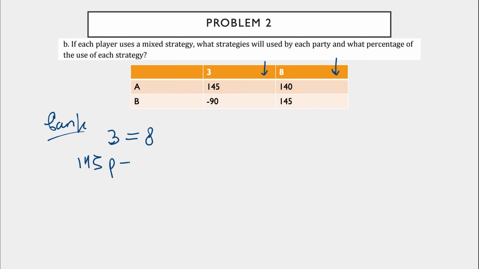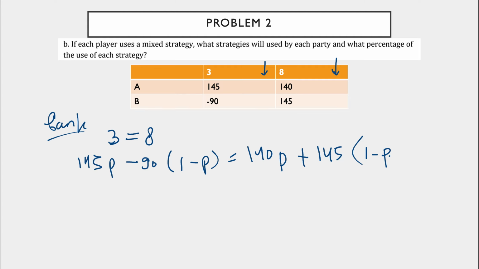So strategy 8 equals strategy 3: 145 times probability P, minus 90 times 1 minus P, equals 140 times P plus 145 times 1 minus P. As you calculate this, you will find the probability is 98%.